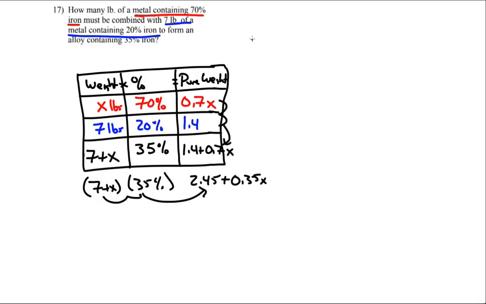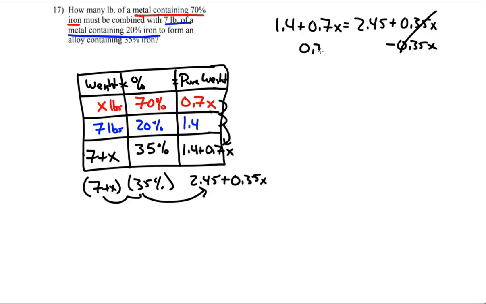So in my equation, I would know that 1.4 plus 0.7x is going to equal 2.45 plus 0.35x. So now I can solve for x. I want my x's on one side of the equation. So if I subtract 0.35x, that's going to cancel here. But of course, I can't do it to just one side. I have to do it to both sides.